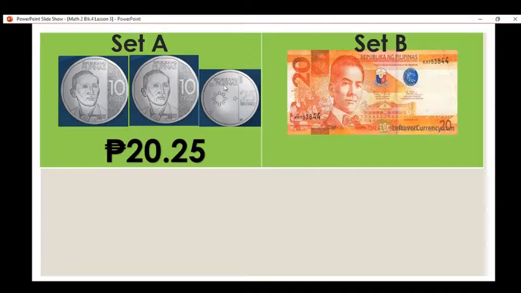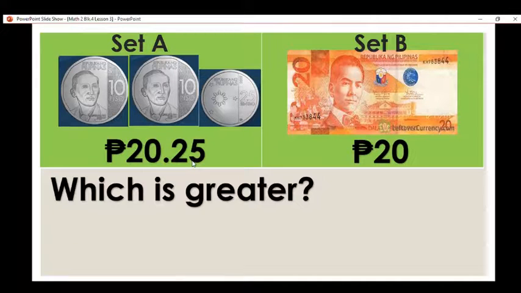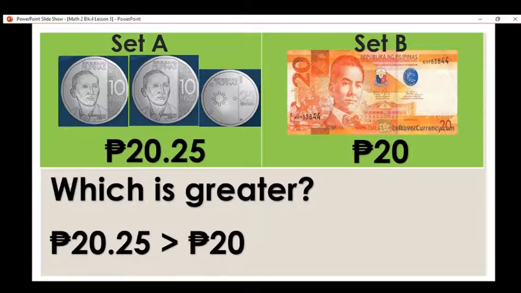In set B, there is only one bill, which is 20 pesos. Which is greater: 20 pesos and 25 centavos, or 20 pesos? Very good. We can say that 20 pesos and 25 centavos is greater than 20 pesos because of the 25 centavos in set A.